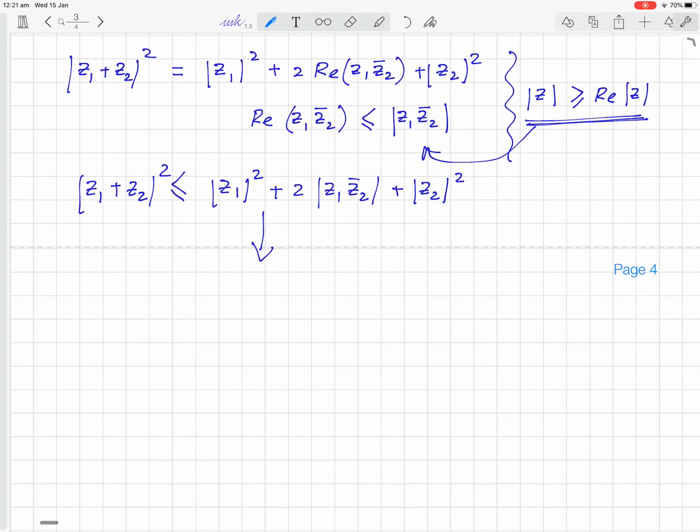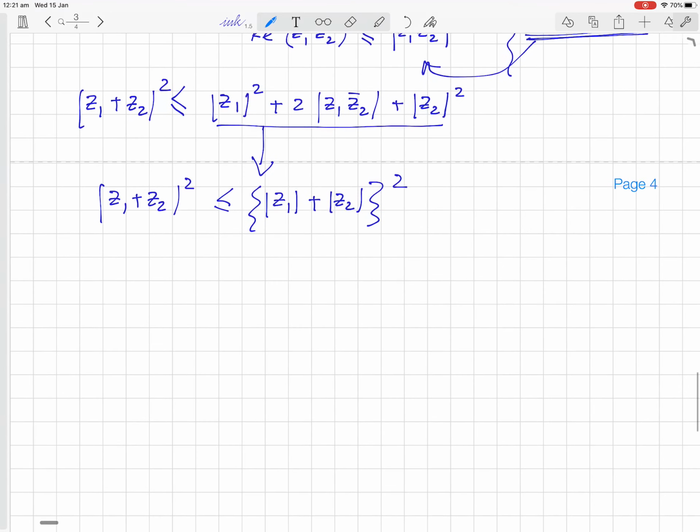If you carefully look at this, you can write this in this way: (|z1| + |z2|) squared.